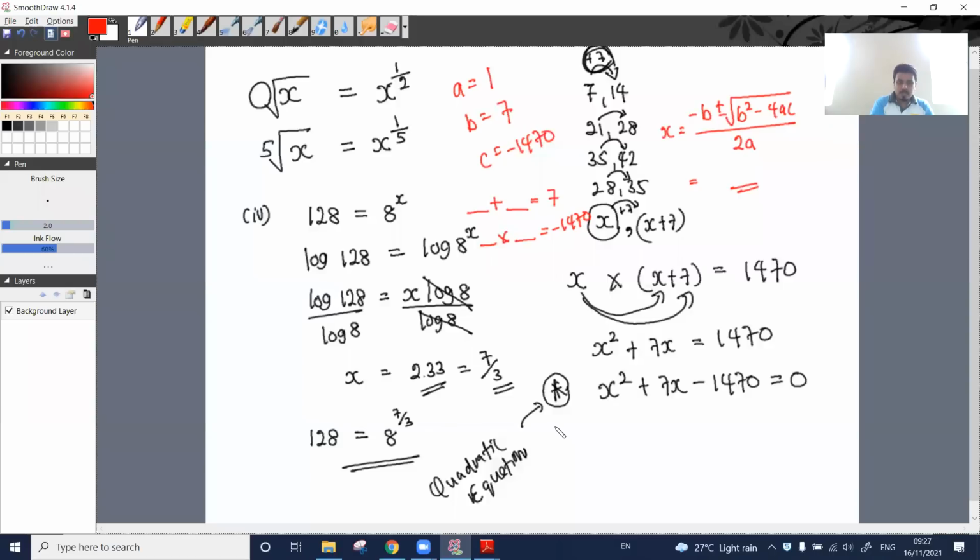So what should it be? A value is 1, B value is 7, C value is minus 1470. Yes, x equals 35 or x equals minus 42.